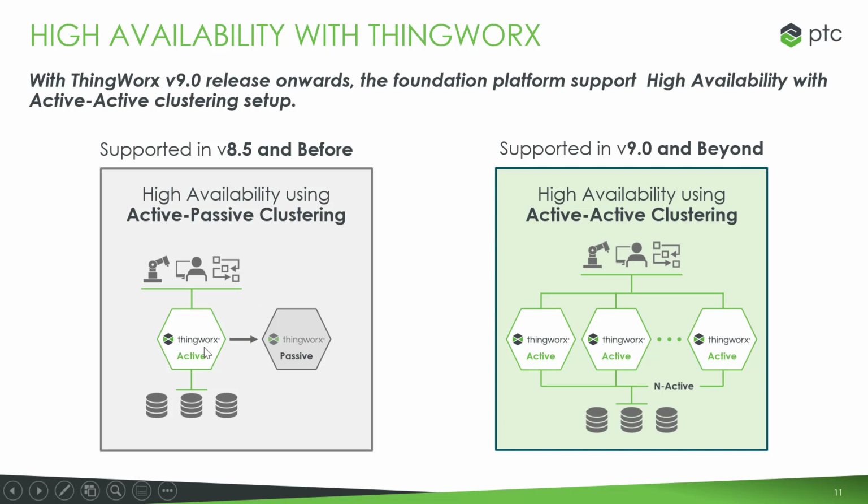It will come back up, but with some downtime. Whereas in the case of active clustering, you will have n truly horizontally connected ThingWorx server nodes, where if one server goes down, you will still have other servers ingesting and processing the data and keeping the system alive.